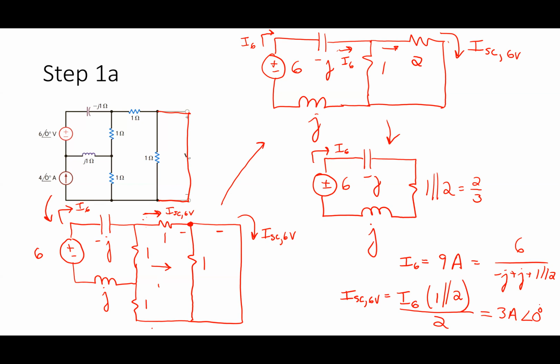Questions about how I went through that process? Yeah, so let me branch it out for a second. I have 1 ohm and 2 ohms in parallel. I know that the current entering here is I6.